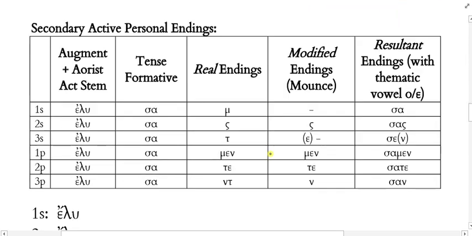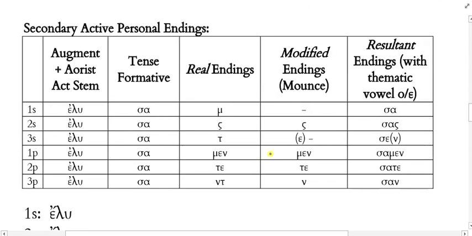Let's take a look at the forms as they occur now. So secondary active personal endings are the ones that we're going to use here, the real endings. So we take our augment, and our aorist active stem for luo is elu in all cases. Our tense formative is sa, all right? And then these are the real endings, which you've already learned.